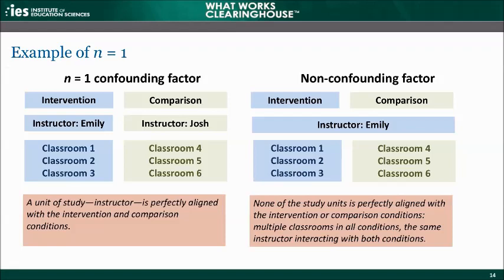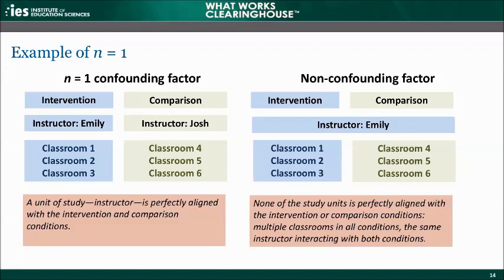On the right side of your screen, however, one instructor does not create a confound. That is because the same instructor teaches classrooms in both conditions. We do not have a perfect alignment of instructor and condition, and if we don't have a perfect alignment, we don't have a single unit confound.